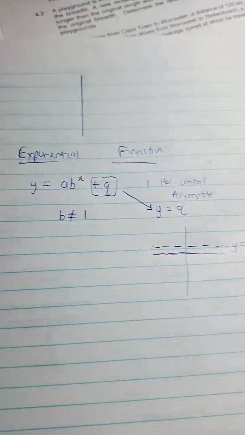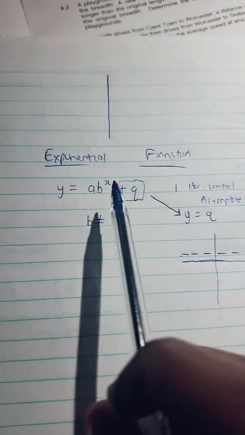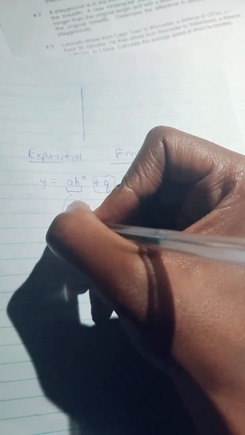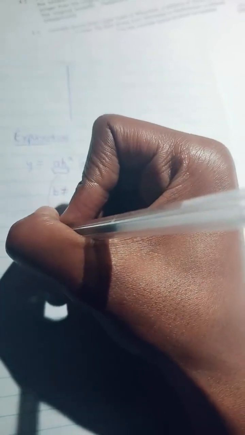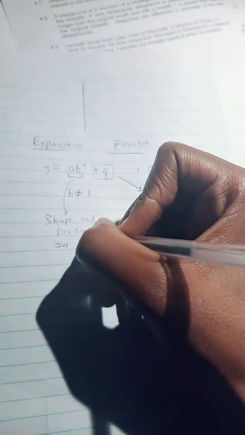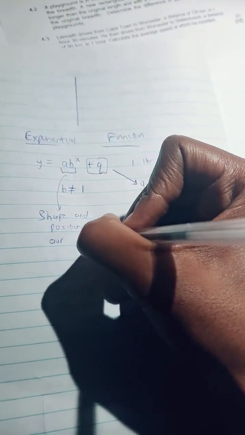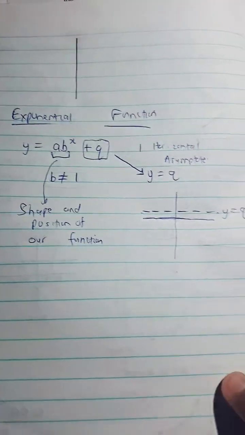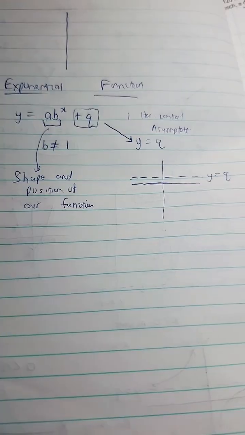This a and this b will tell us about the shape and the position. a and b work together, telling us about the shape and position of our function. And I will show you now the different combinations of a and b for our function.